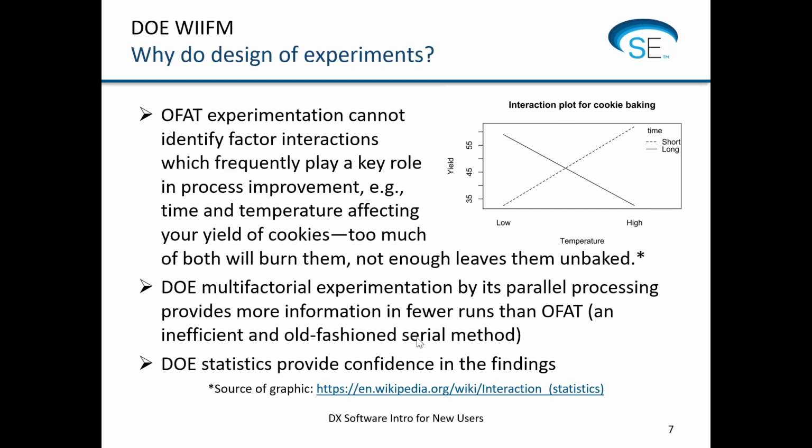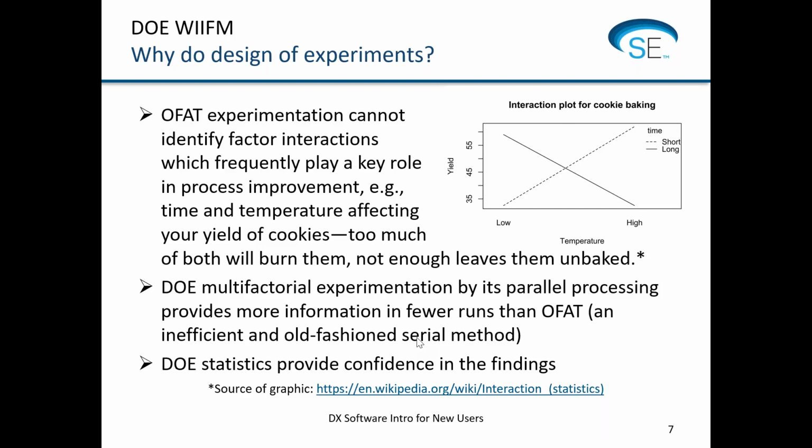An interaction is when the impact of one factor determines the influence of another factor, right? They're related. So in that schematic in the upper right, we're doing cookies now, and so we have the yield of the cookie. We want them properly cooked. We don't want them undercooked or overcooked.